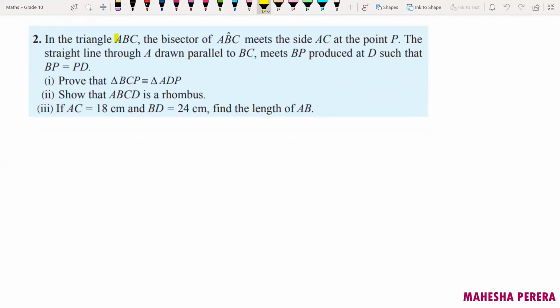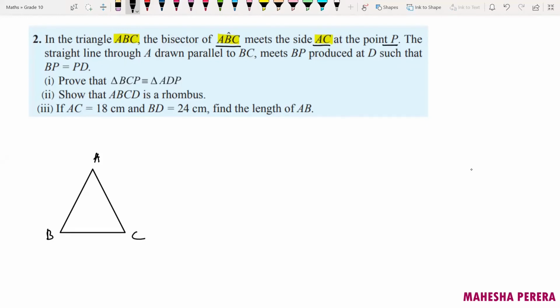Right, next question. In the triangle ABC, the bisector of angle ABC meets the side AC. Seems like we need to draw our figure, right? So let's draw this. We need to draw first of all a triangle. Okay, let's label it A, B, C. The bisector of angle ABC meets the side AC at point P, right?